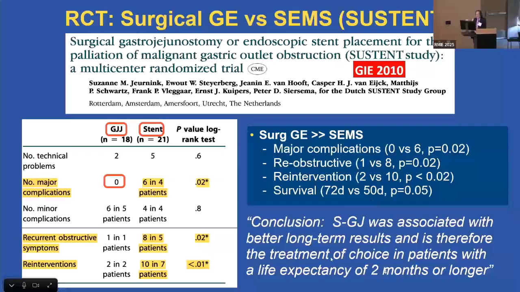And the conclusion is that the surgical gastrojejunostomy was associated with better long-term results and is therefore the treatment of choice in patients with a life expectancy of two months or longer.